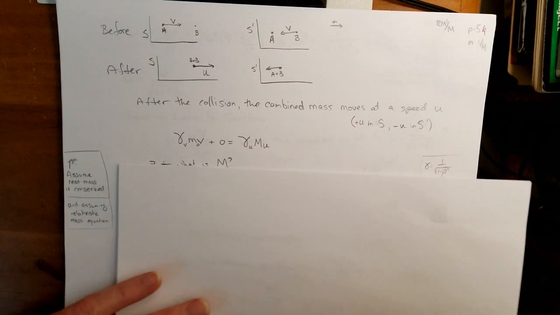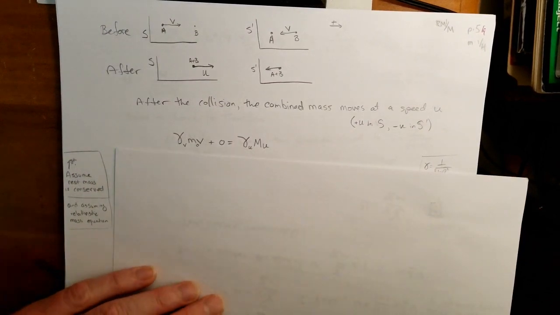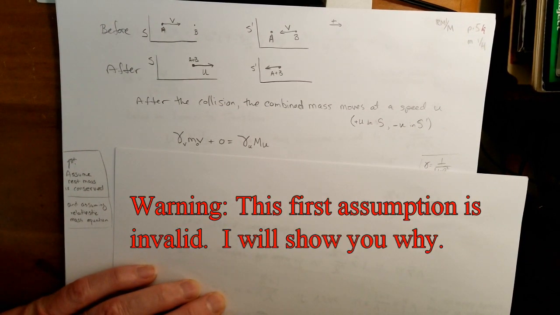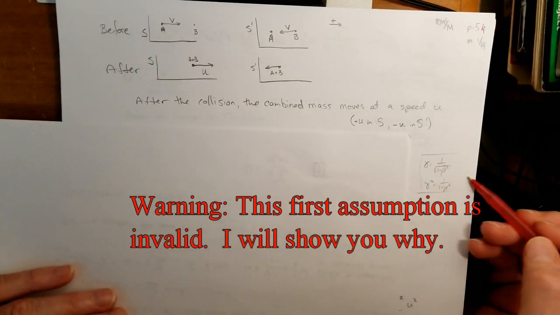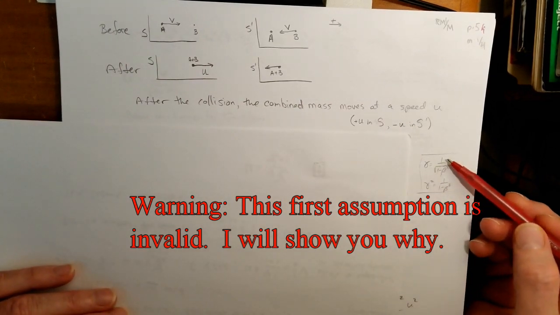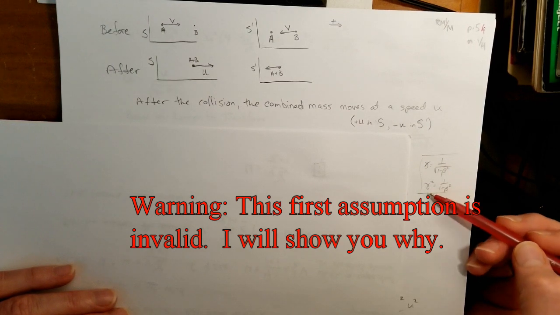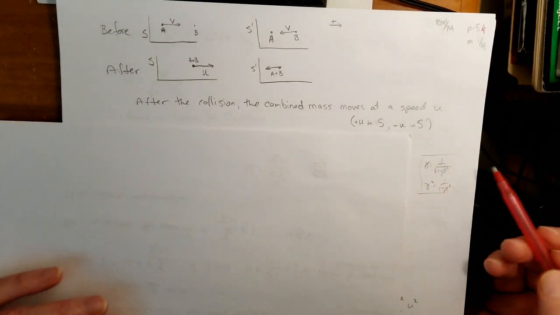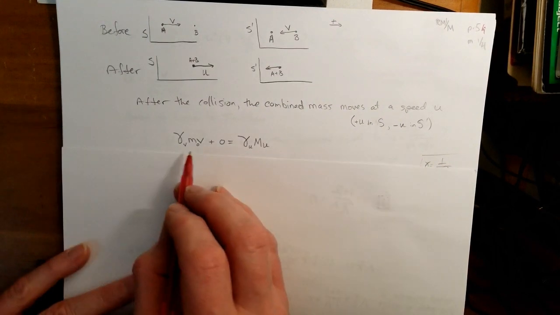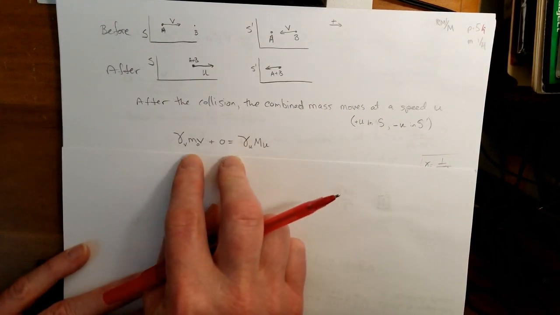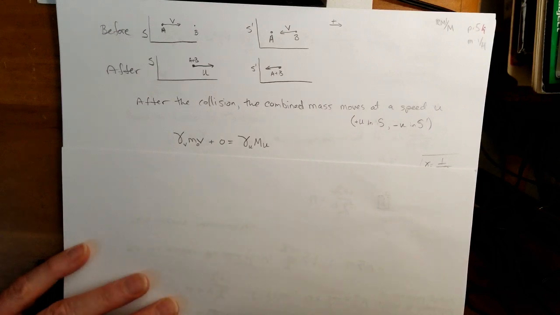So I'm going to start out with the assumption that the rest mass is conserved, and assuming the relativistic mass equation. As a side note, a recollection: if gamma is 1 over the square root of 1 minus beta squared, gamma squared is 1 over 1 minus beta squared. Not a huge math revelation there, I hope. I am making an assumption here, knowing what the final result is. I'll resolve that hopefully to your satisfaction later on.